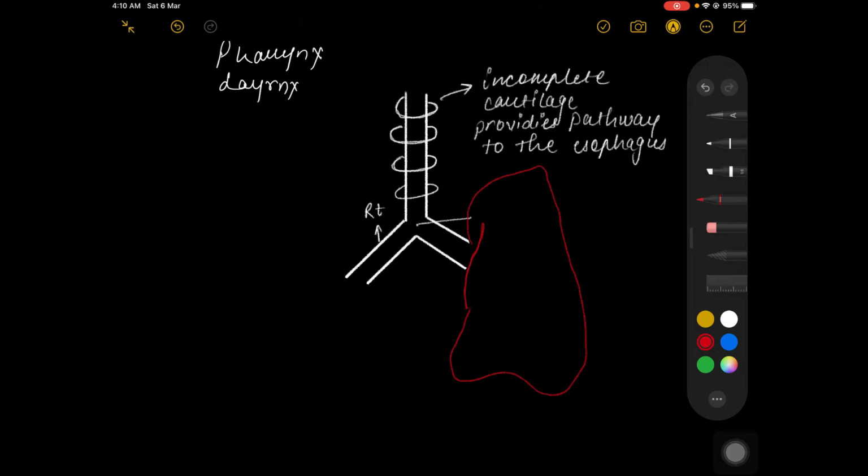These lungs are basically guarded by ribs on the anterior surface and the lateral surface, whereas on the posterior surface it is guarded by the spinal cord or the vertebrae and the ribs, and also by the scapula. Okay, now let me draw the ribs.